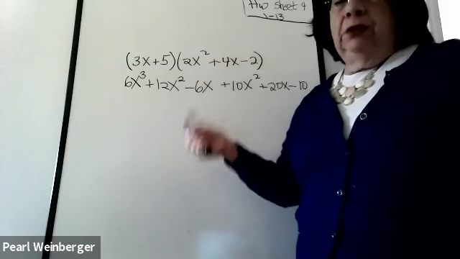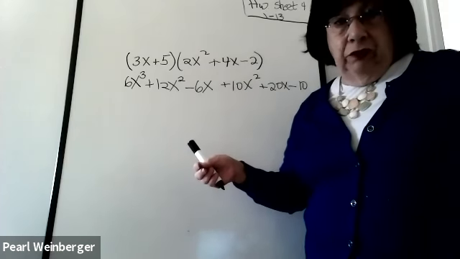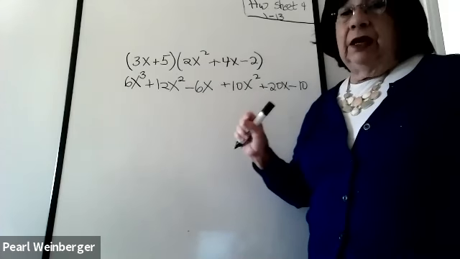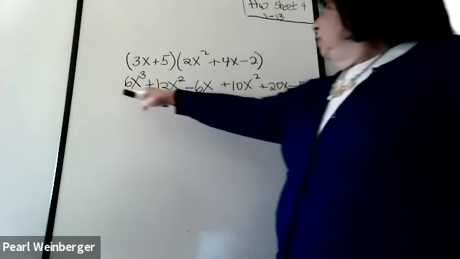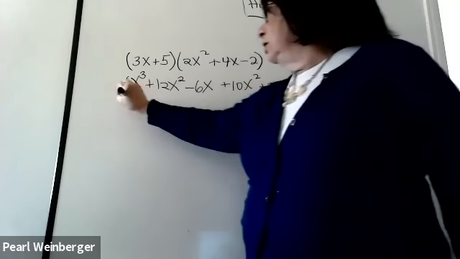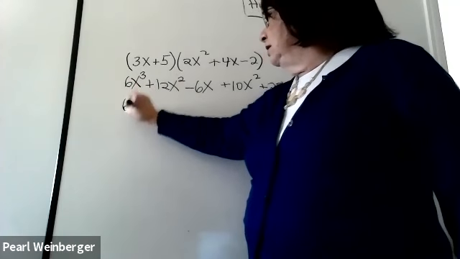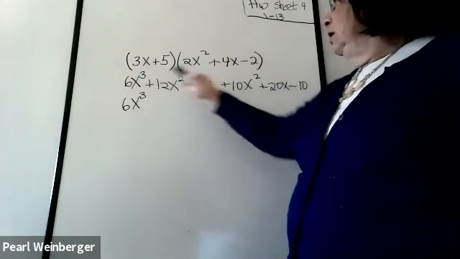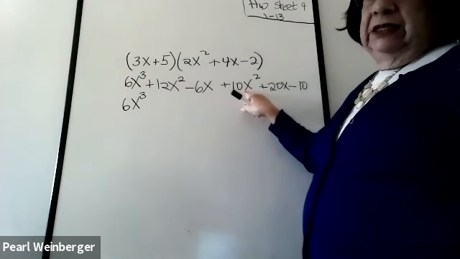Now, just like we did before when we were doing binomials, we have to see, are there any like terms? Well, the first thing I see is an x cubed. There's no other x cubed term, so that stays 6x cubed. Now we have a 12x squared. We can combine it with this 10x squared.